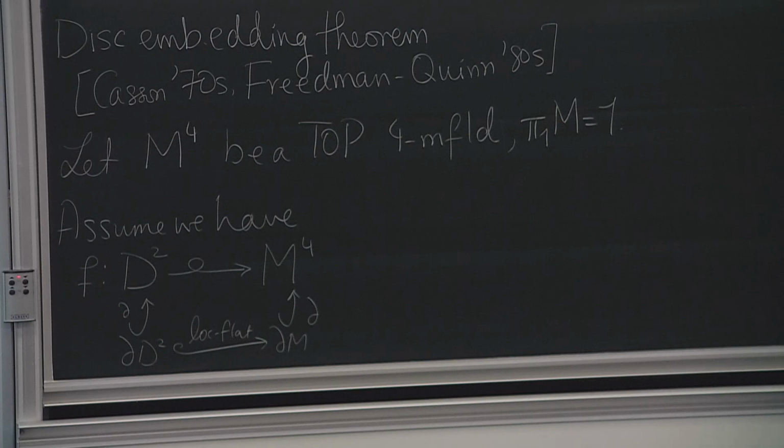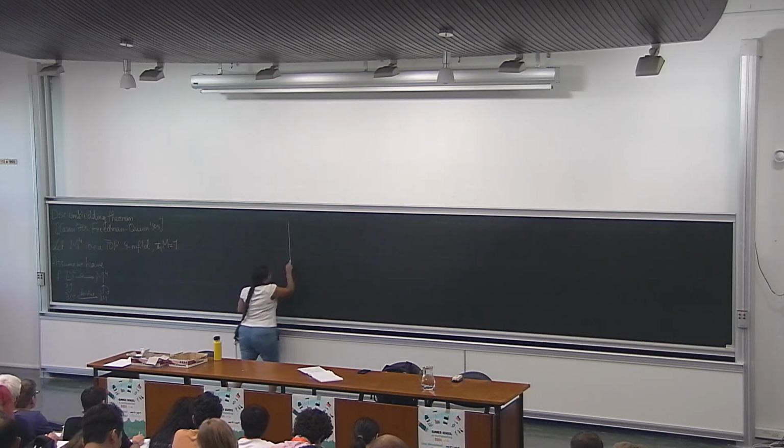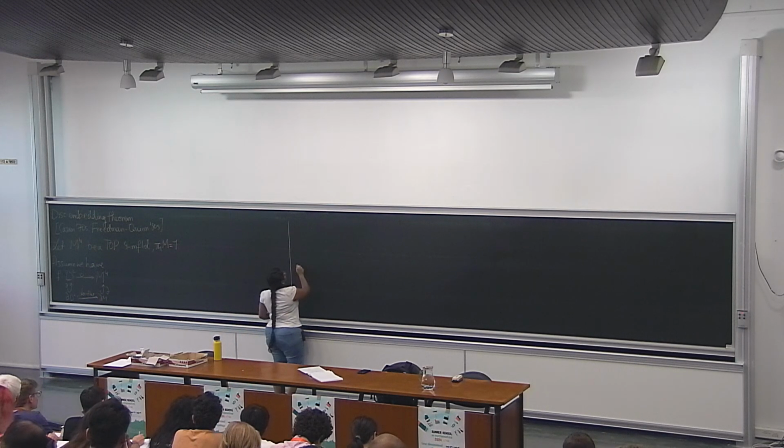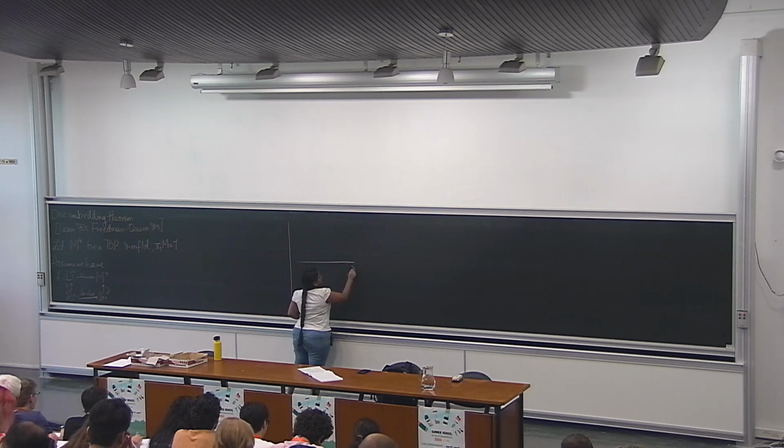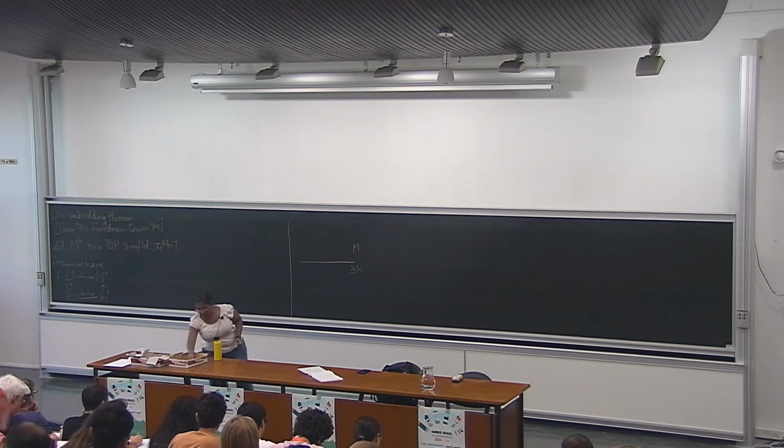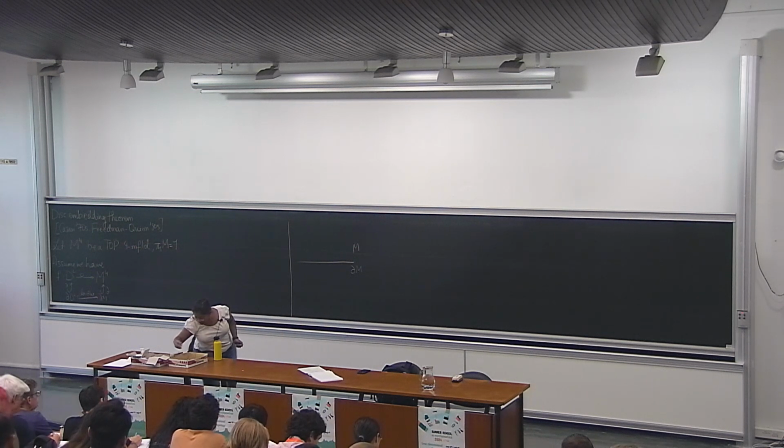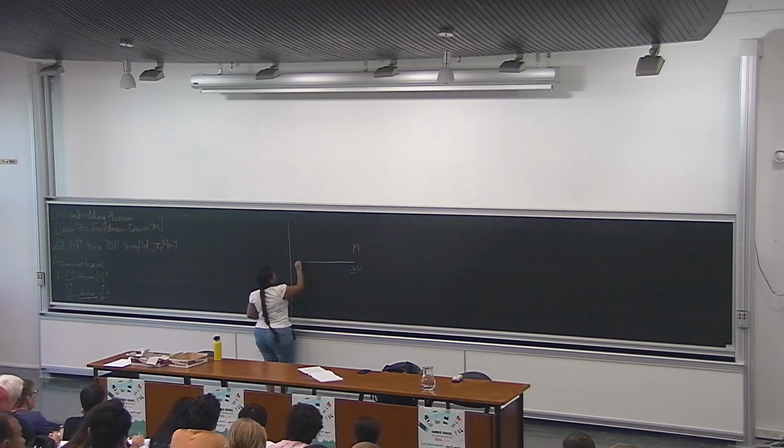And in fact, over here, let me draw what we start off with. So here's boundary M, here's M, and I'm going to start off with a map of a disk that looks like this.